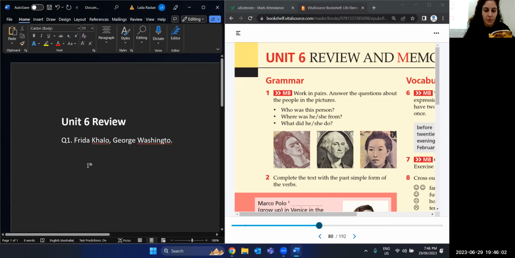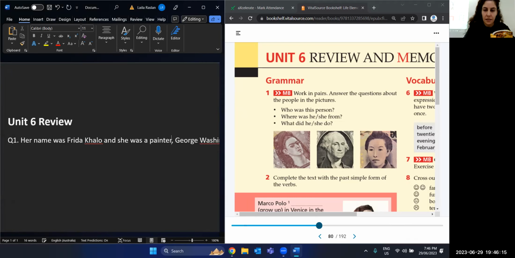Her name was Frida Kahlo and she was from Mexico and a painter. So that's a full sentence.